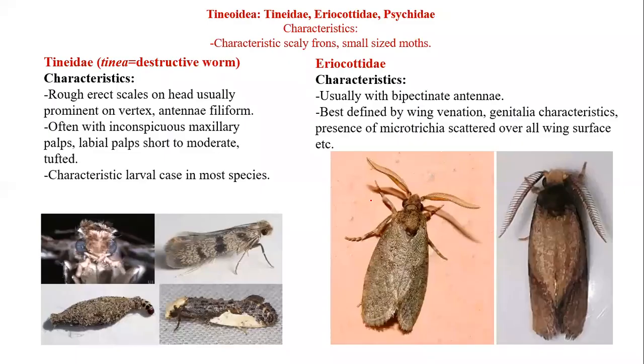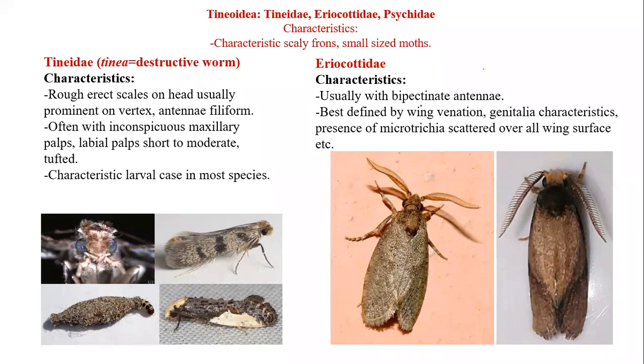Now, next group of moths, the superfamily Tineoidea, which contains Tineidae, Eriocottidae, and Psychidae families. Now, these three families often confuse us because it's often challenging to differentiate Eriocottidae from Psychidae.